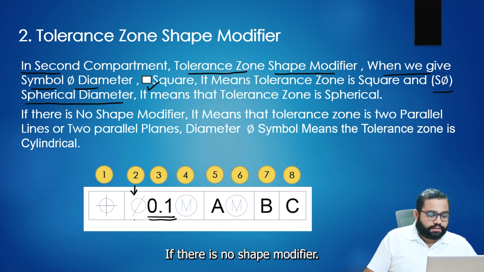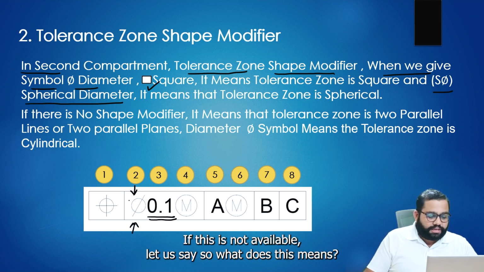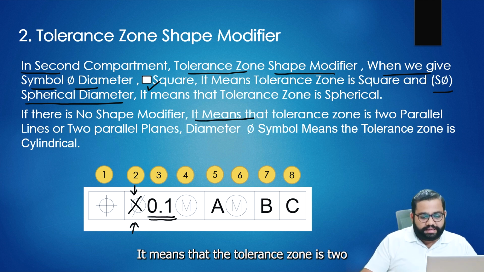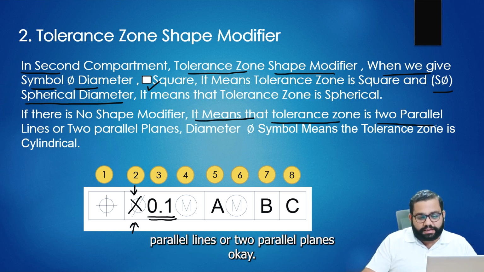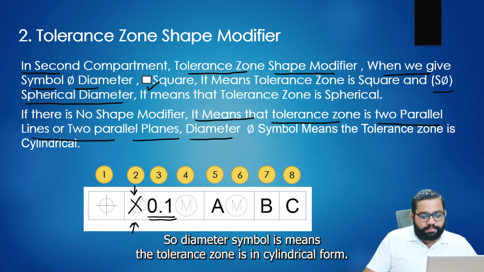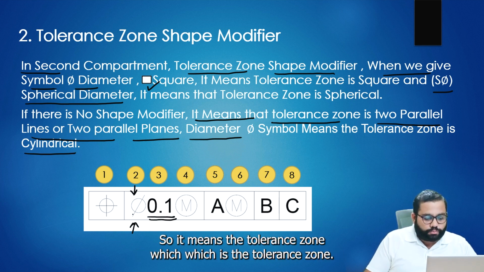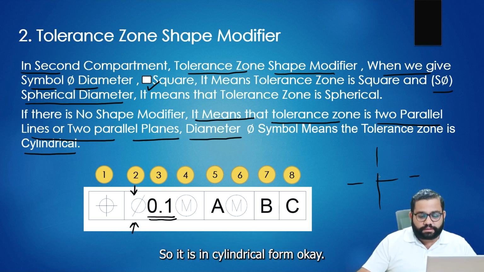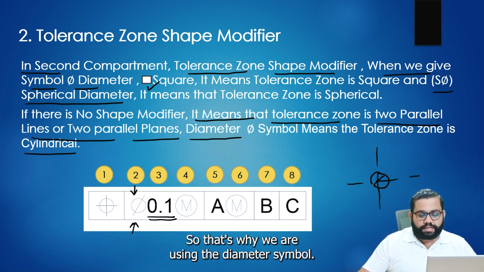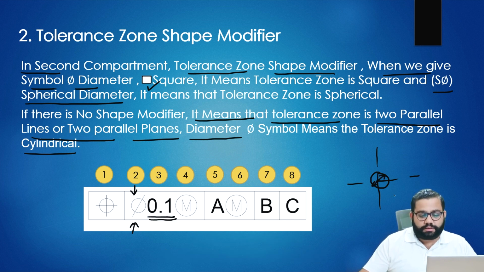It means that the tolerance zone is two parallel lines or two parallel planes. The diameter symbol means the tolerance zone is in cylindrical form. That's why we are using the diameter symbol.